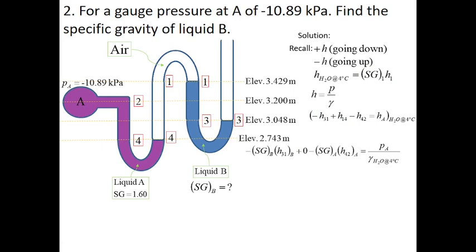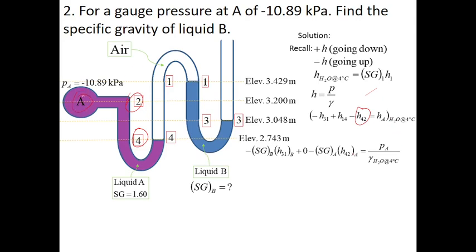Next, H42, from 4 to 2. The substance is liquid A. So we have SGA times H42 for A, and after that, equal to HA.